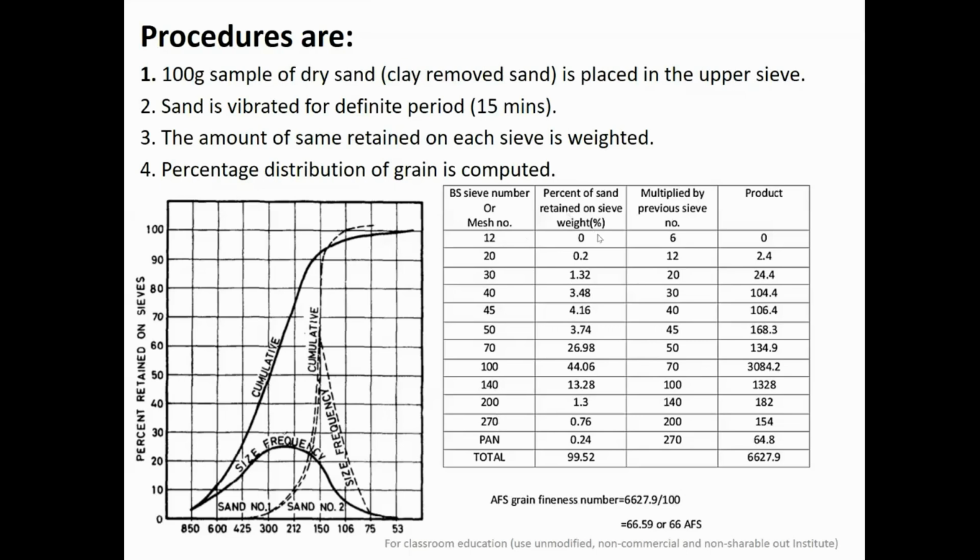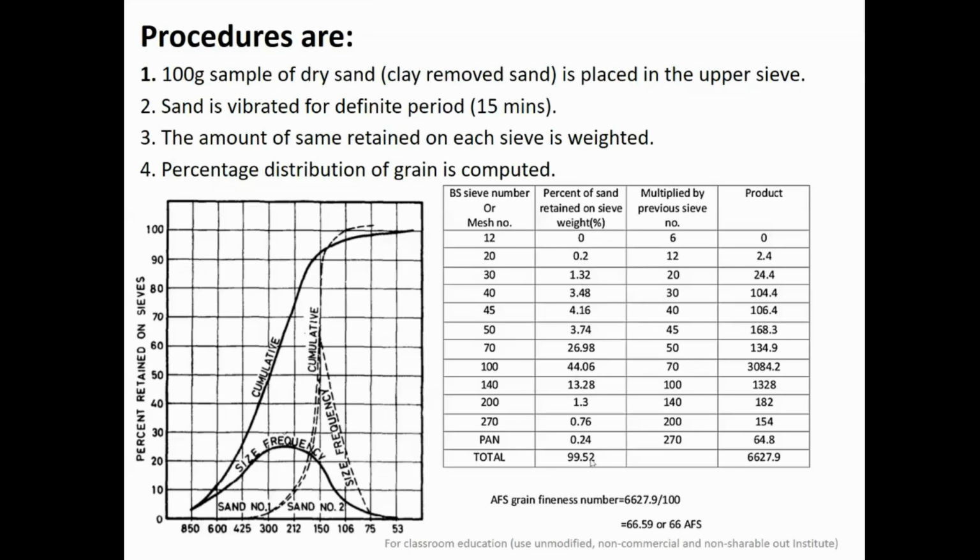Let's take an example, that you have taken a sand sample of 100 gram, and then you have performed the shaking or sieving. So this much is the percentage of sand retained on each sieve, and you can see this total comes out to be 99.52.